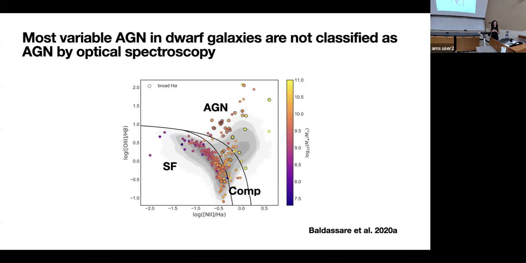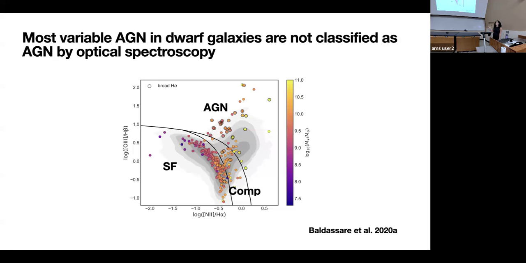One of the really interesting things that I found was that most of these variable active black holes in dwarf galaxies would not have been classified as such by these optical spectroscopic diagnostics. This is the same diagram that we saw before with the star formation region, the active black hole region, and the composite region.